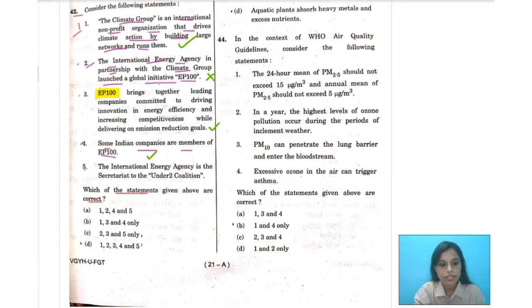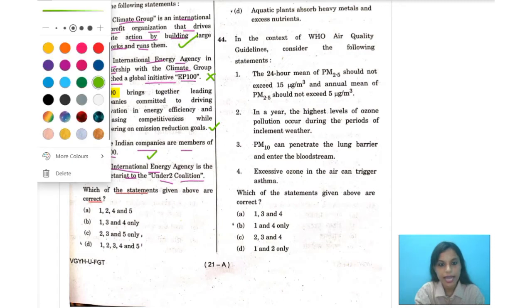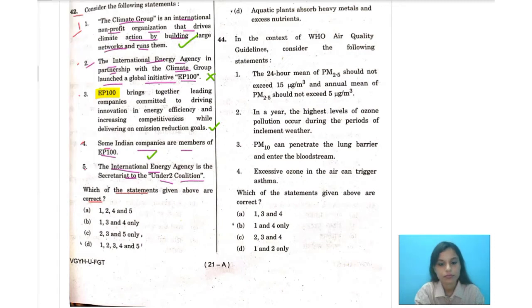The next statement says the International Energy Agency is the secretariat to the Under 2 coalition. What is the sentence trying to say? Climate Group is the secretariat to the Under 2 coalition, and it works with governments to accelerate the climate action through 4 streams.